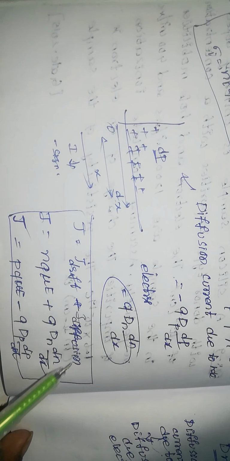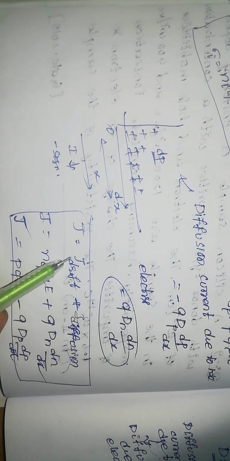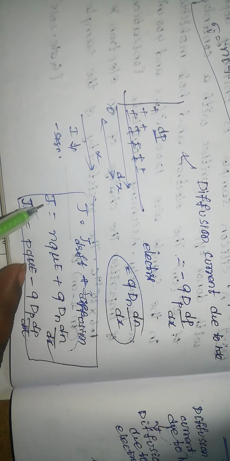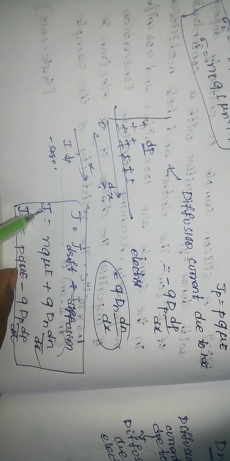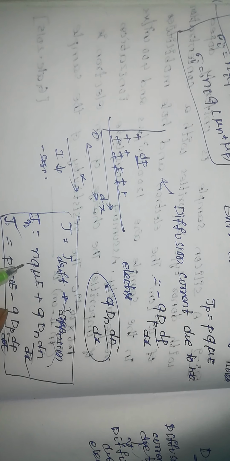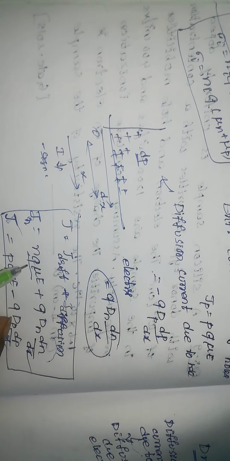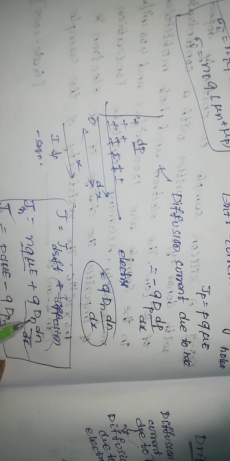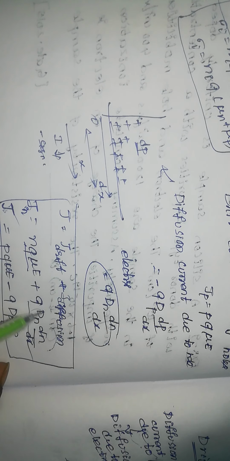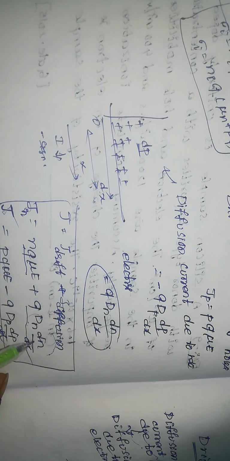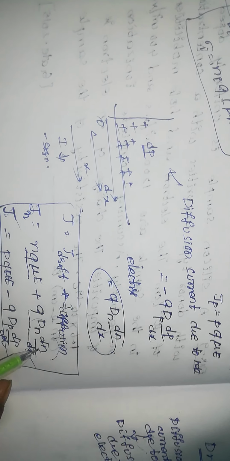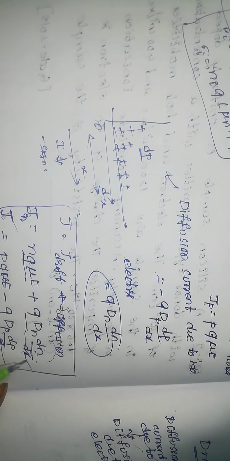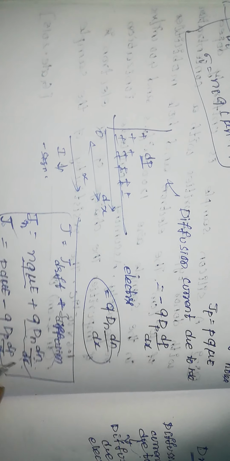So we can see the formula here. The total current density is equal to drift current plus diffusion current. So the total current density due to electrons is Jn equal to drift current N q mu n E plus diffusion current q Dn dn by dx, where Dn is the diffusion constant of electrons and dn by dx is how the number of electrons changes with respect to distance x.